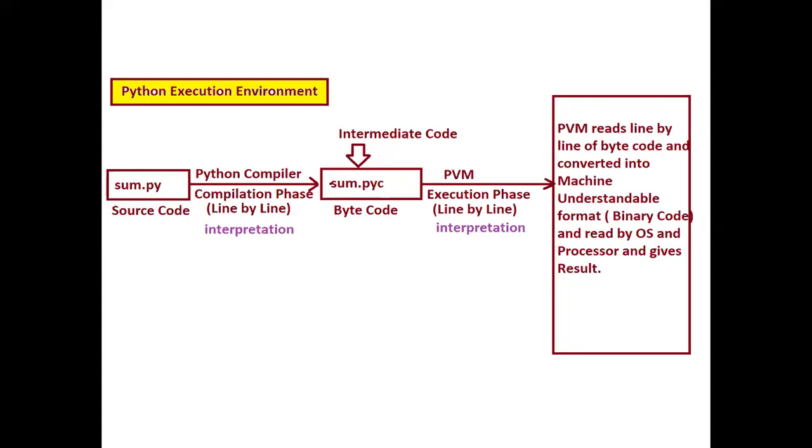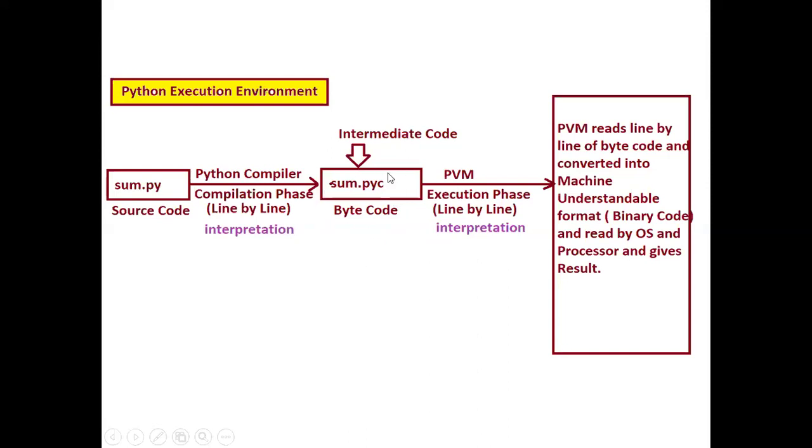The Python compiler reads the source code line by line and converts it into the intermediate code with the extension .pyc. This is an internal process. And when it's saved with the .pyc extension, this is called bytecode. This is the source code and this is the bytecode.